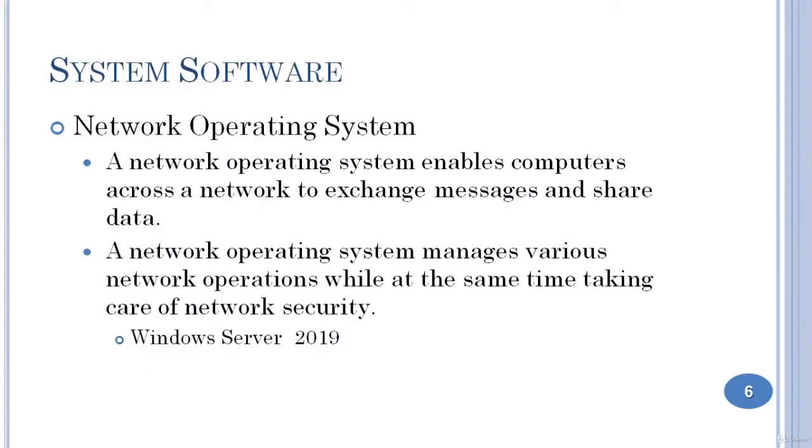Now let's see what a network operating system is. A network operating system enables computers across a network to exchange data or messages, and it allows the computers across a network to share data.